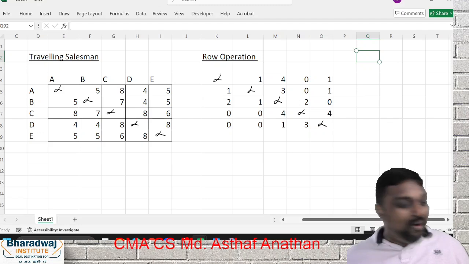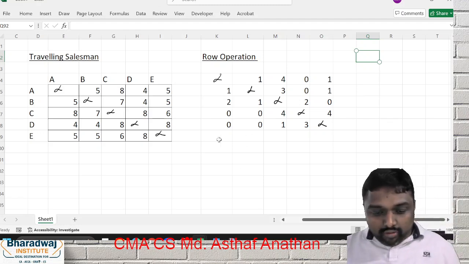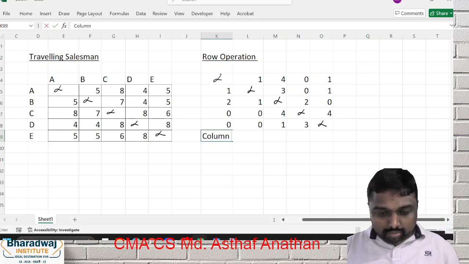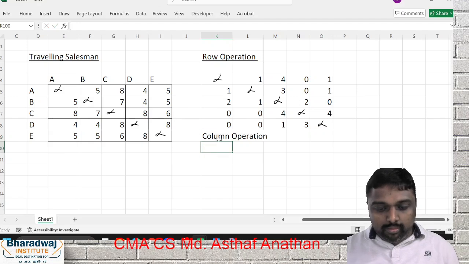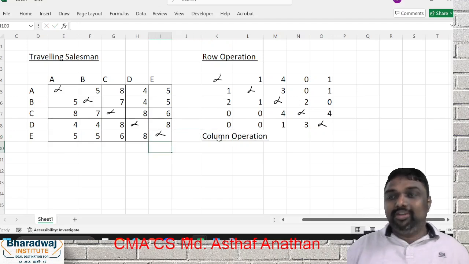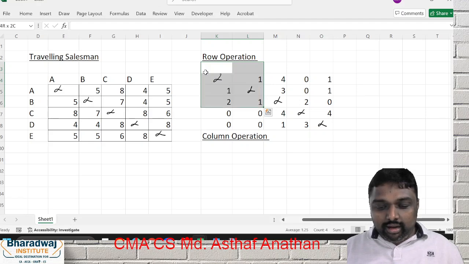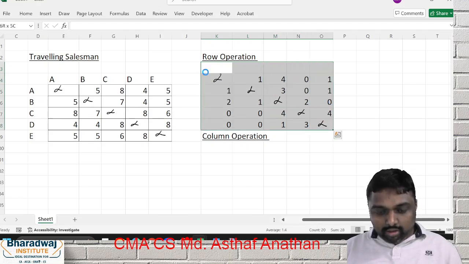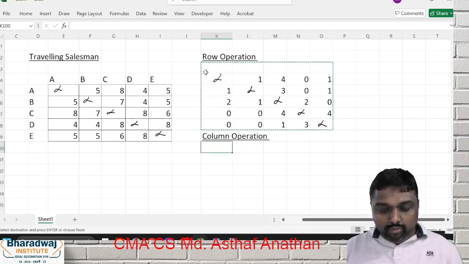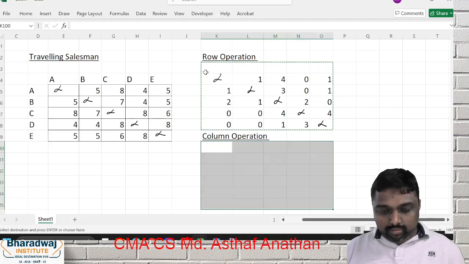Now once this row operation is over, you have to go with what? Column operation. Column operation, from the data itself it is very clear. Unlike one column, all the other columns we have 0.